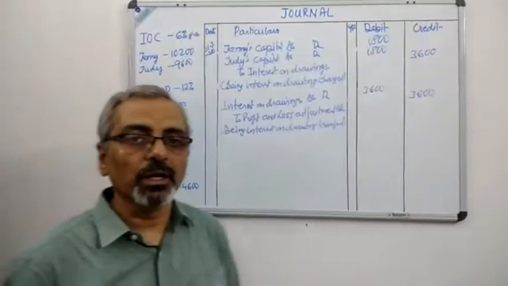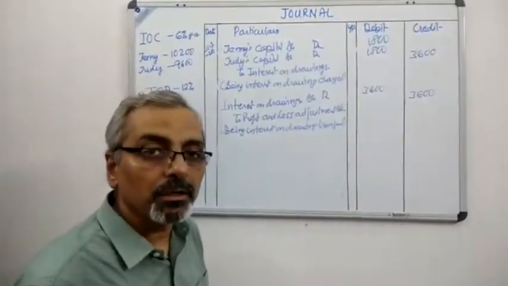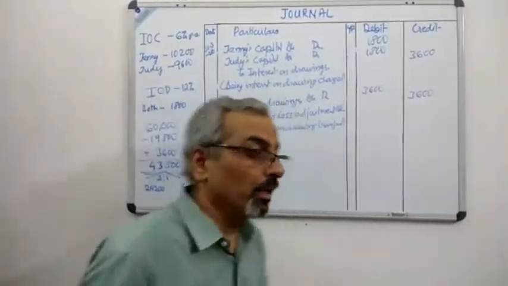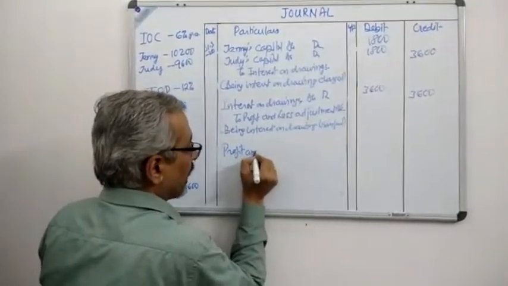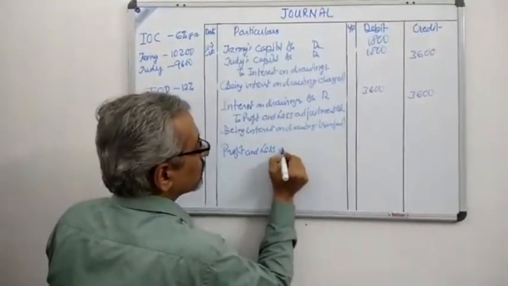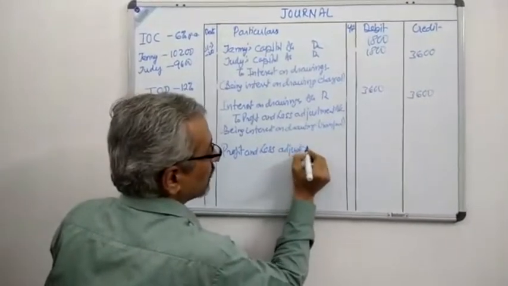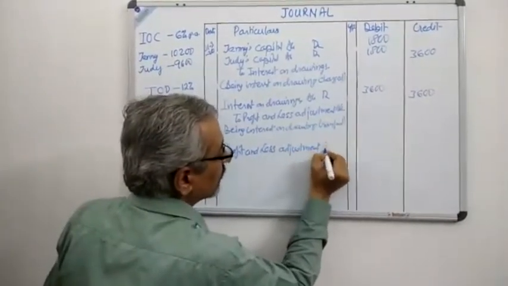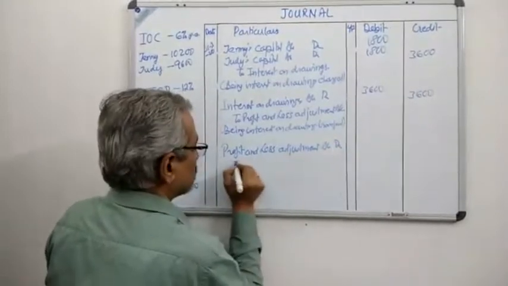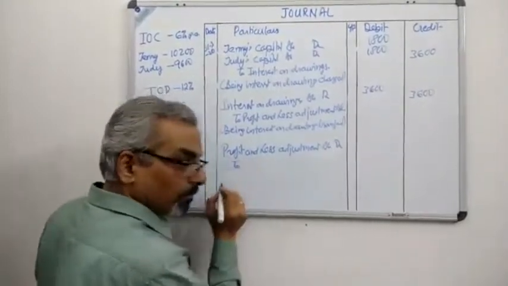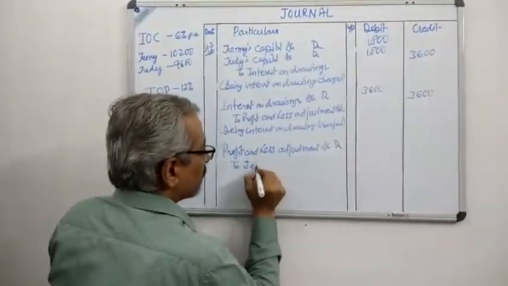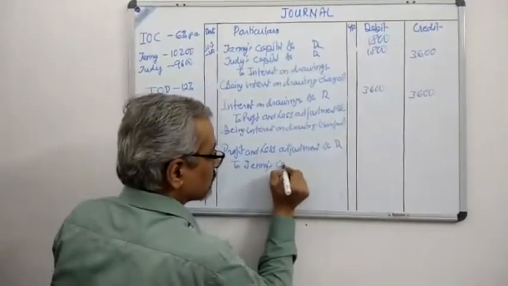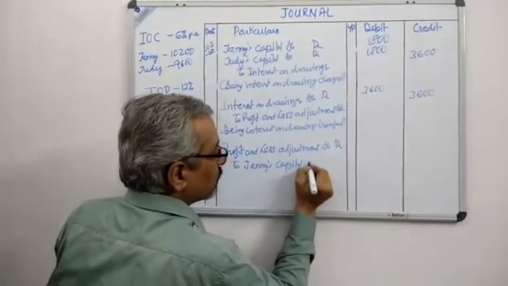With these two figures we'll do the last journal entry, which is the final entry. And the final entry is profit and loss adjustment account debit to the name of the partners over here. What is the name of the first partner? Jenny's Capital Account.